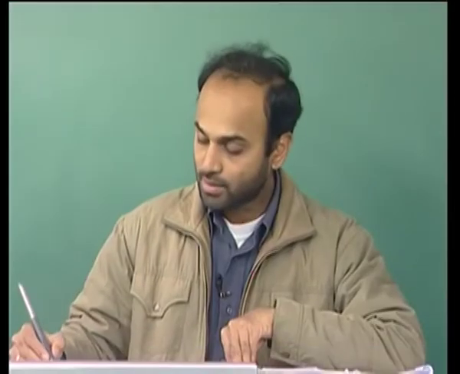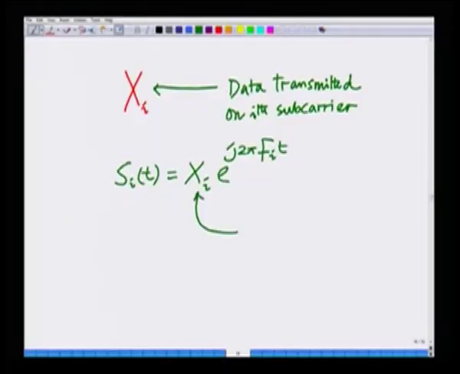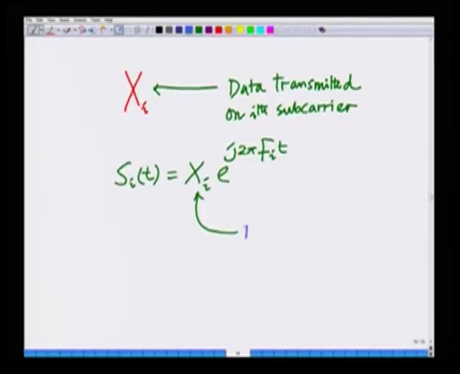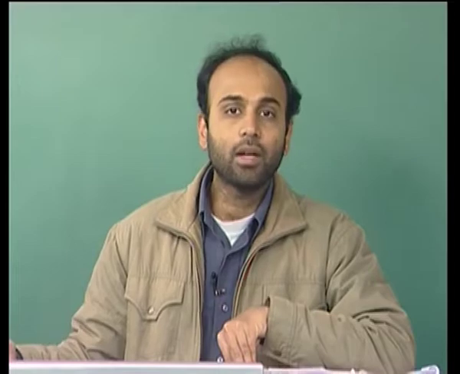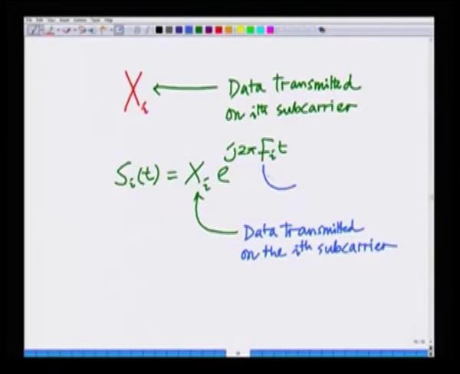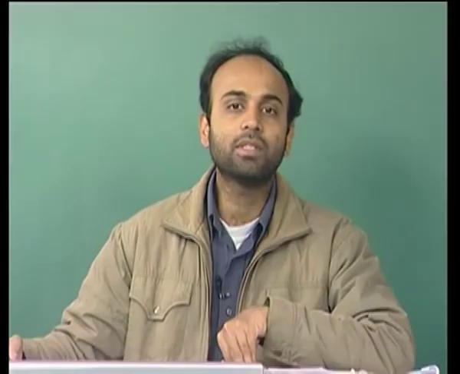Okay. So, this as we see is the data that is transmitted on the ith subcarrier, and this fi is the center frequency of the ith subcarrier, which is I times B over n.